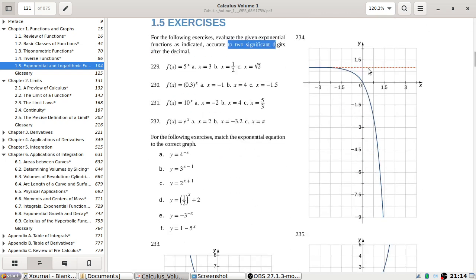224 is coming from not quite 1.5, and it's negative. Could it be this one? So it has to be a positive x power, and it has to have a minus.